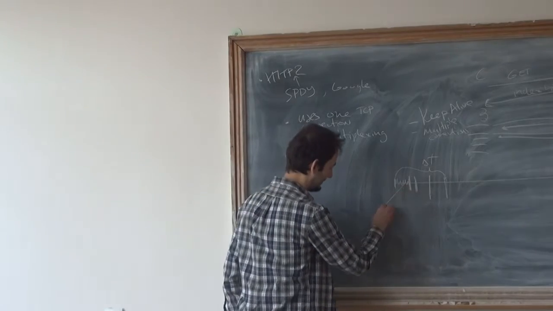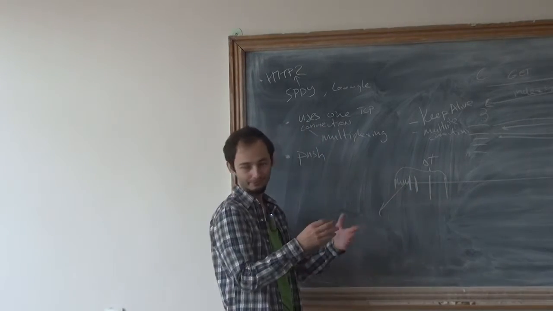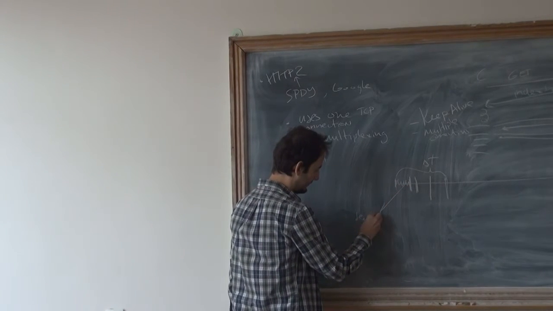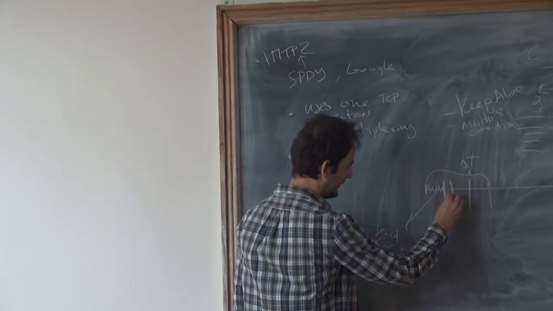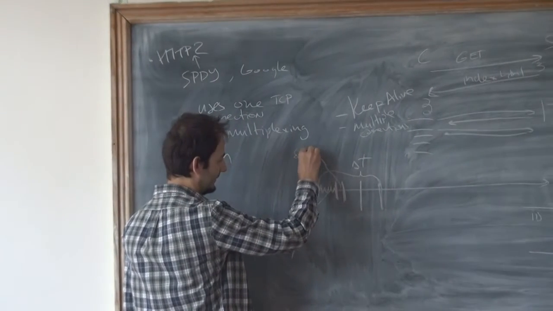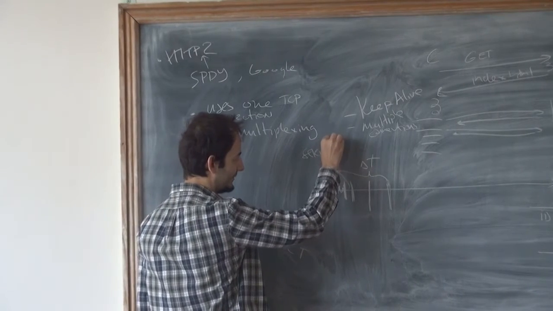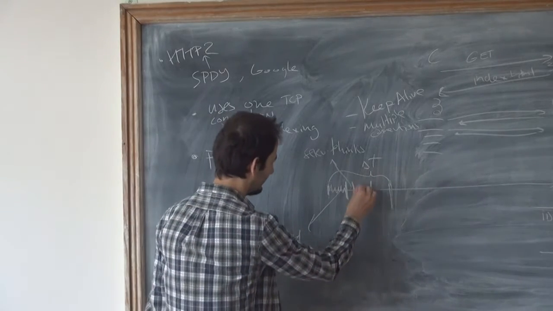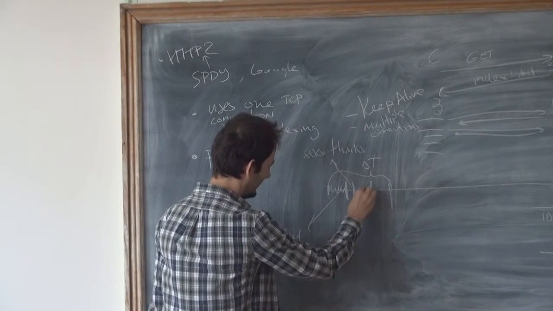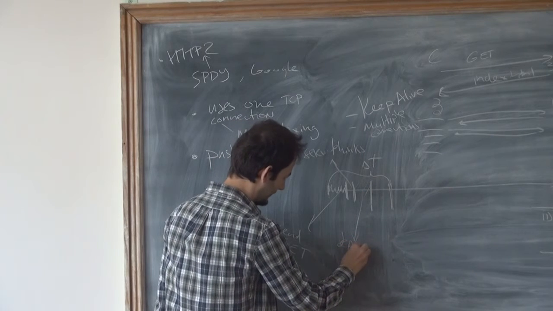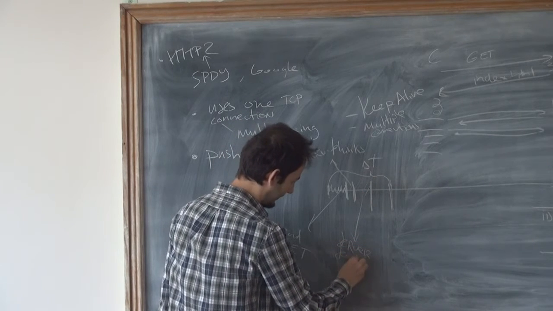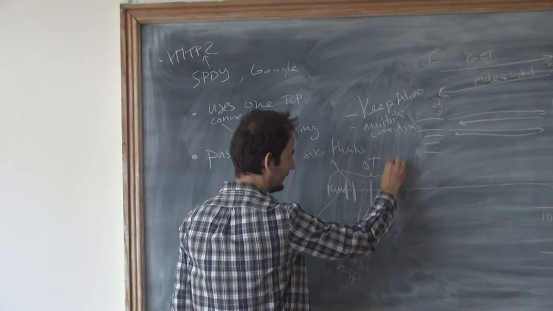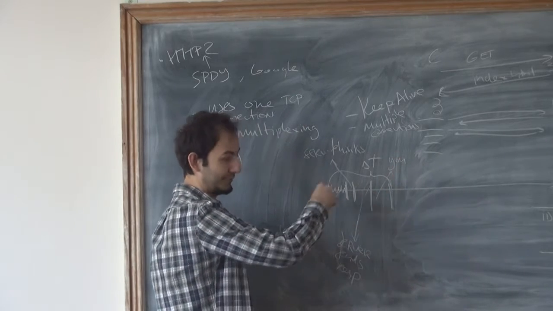Well, let's add some labels here so we can use proper names. So this one is when you send your GET. This one is the server processes your GET request. This is server sends response. And this one is where you process the response.